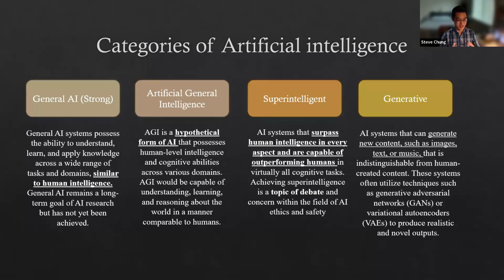Sometimes in hot debate is super intelligent AI, which is the ability to outperform our ability and capacity. And finally, we have generative AI, a specific type of AI that is able to create content without any specific type of learning or input. So it can deliver different types of images, texts, music, or any content that you want it to create.